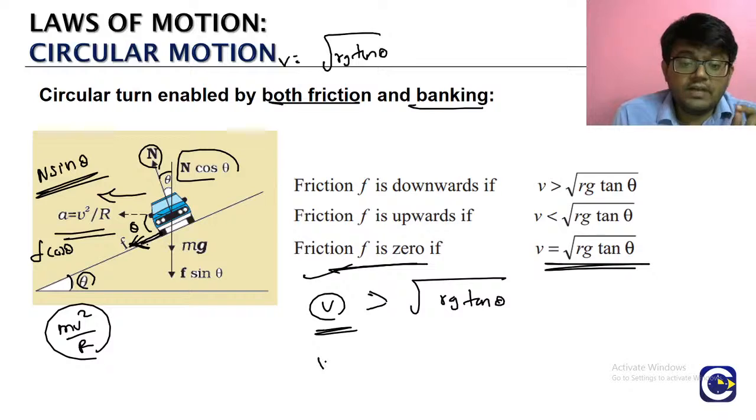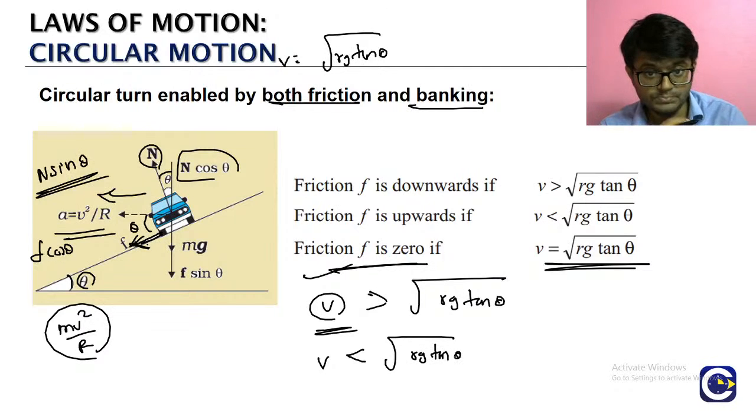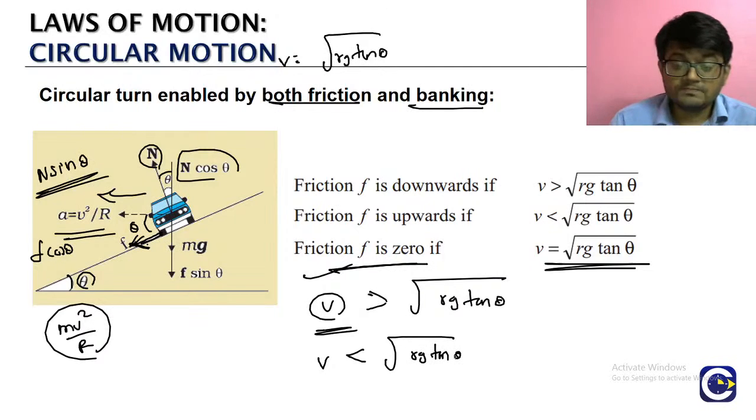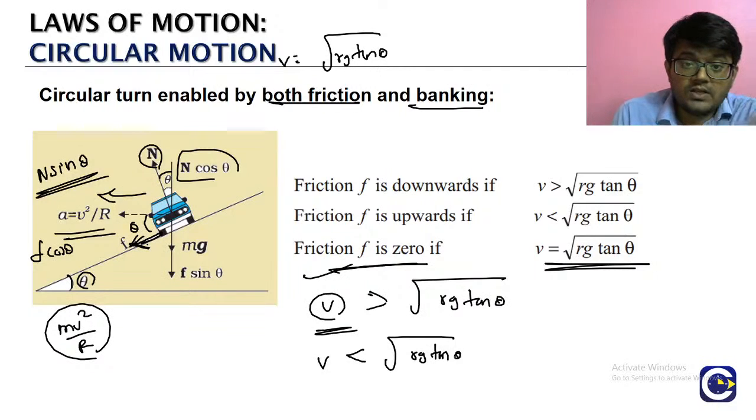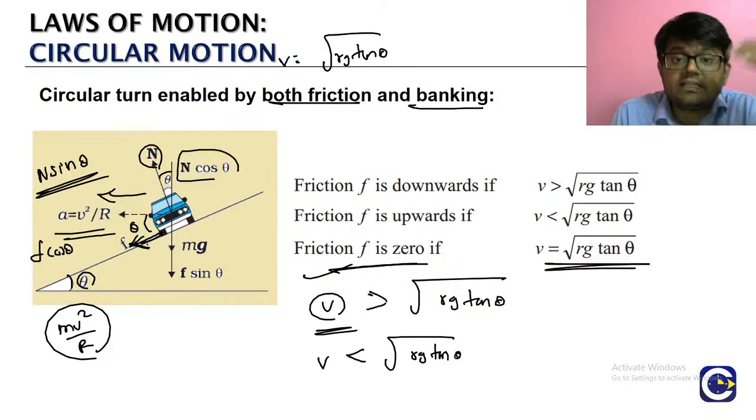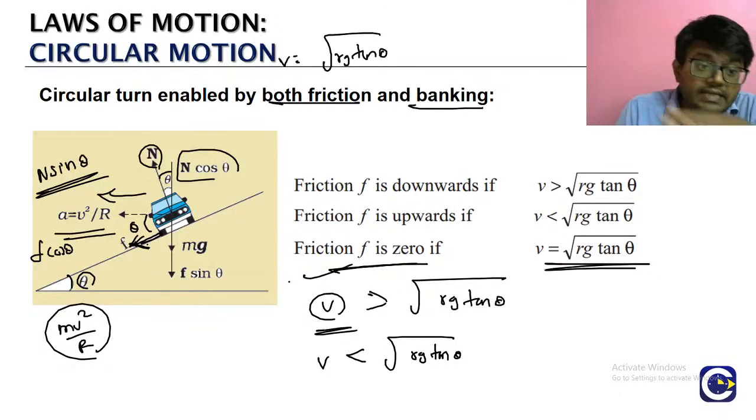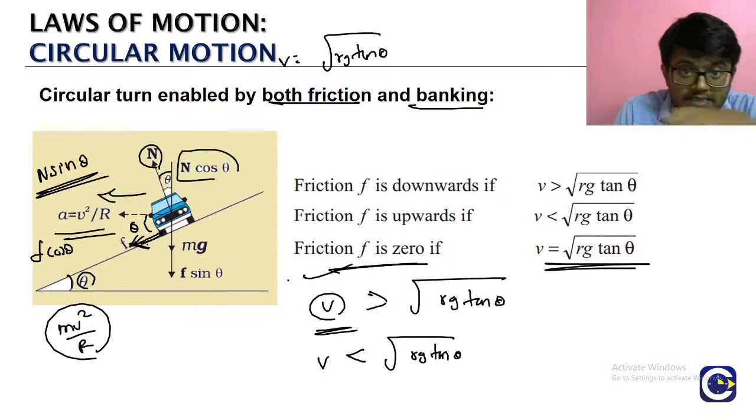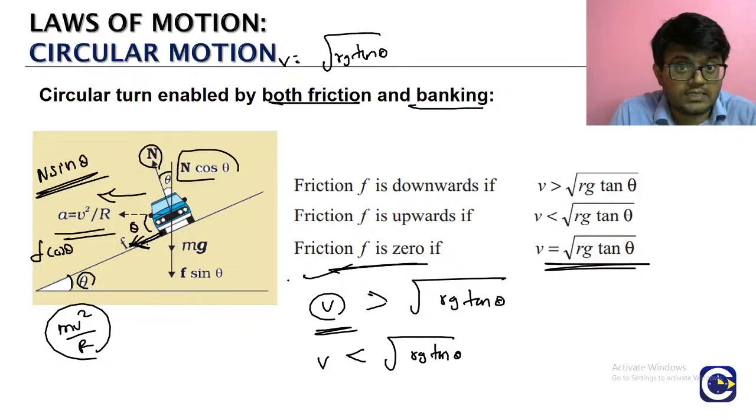What if the velocity with which we are trying to take the turn is less than root Rg tan theta? Now the component of the normal reaction is more than the required value of the centripetal force, which means the vehicle will have a tendency to skid down, towards the center of the circle.